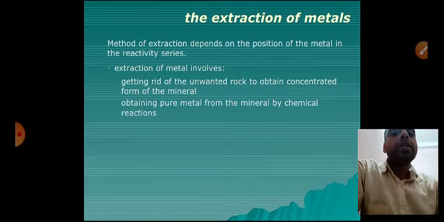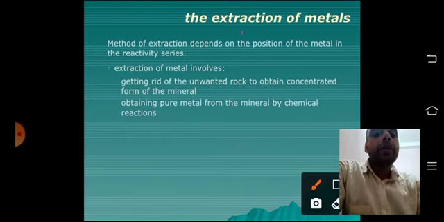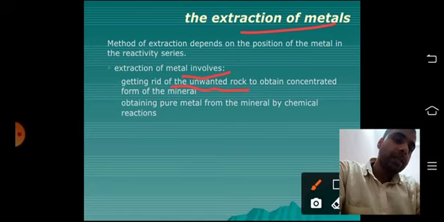Okay, now you can see the extraction of metals. Why are we actually talking about the extraction of metals? Extraction of metals involves getting rid of the unwanted rock, if some gangue particles are there.